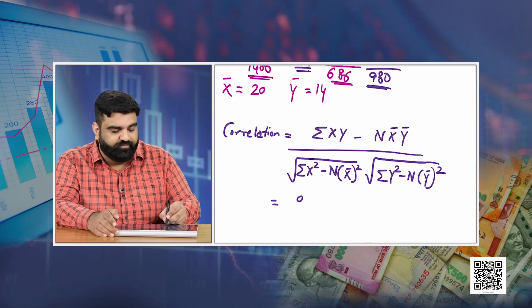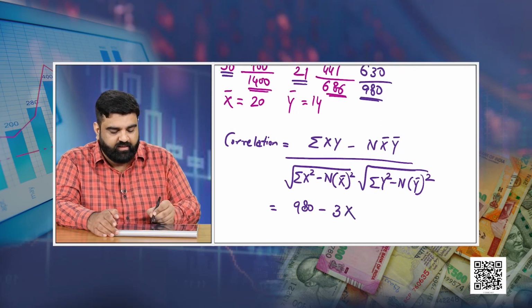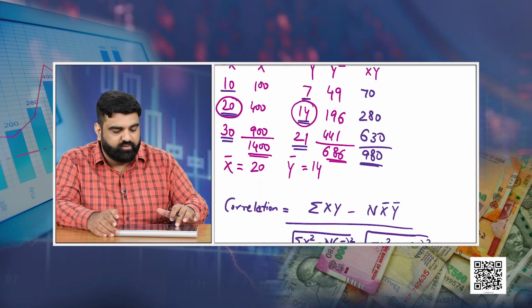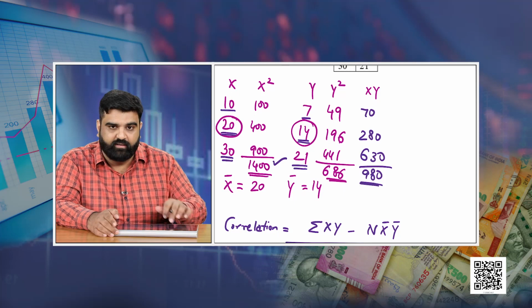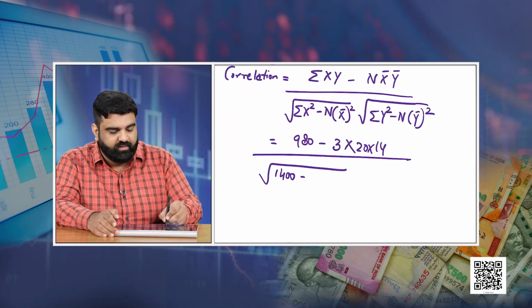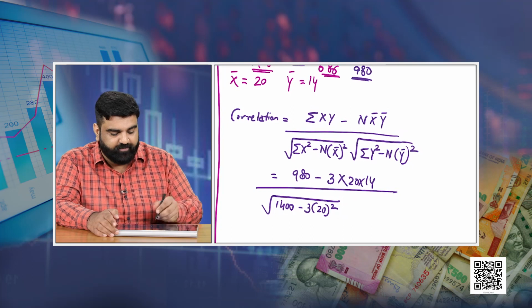So, the values are 980 minus 3, this is the number of variables in the series, x bar is 20, y bar is 14 upon sigma x square, the value of sigma x square is 1400. So, 1400 minus 3 into 20 square, because the mean of x series is 20.